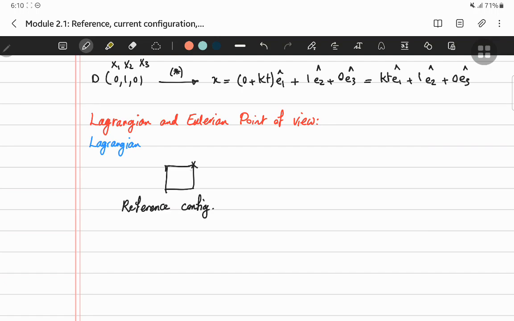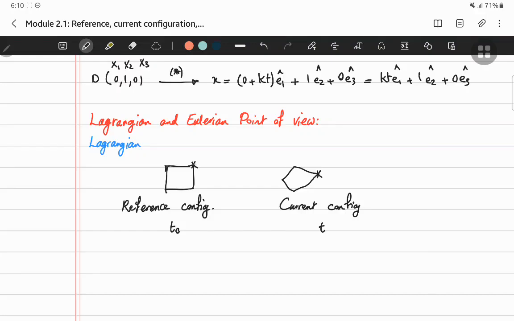So if you move with this particle here, this is T0, to the current configuration at time t, and this is how it deformed.